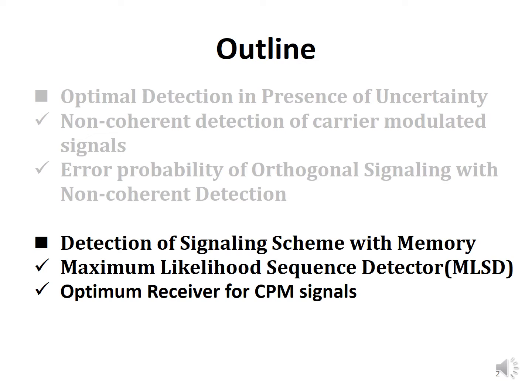With memory, that means we have modulations where every symbol has a correlation with the past symbols. For example, we have discussed differential DPSK, which has correlation with one previous symbol, and we have discussed continuous phase modulation, where every symbol transmission has correlation with the previous phase.